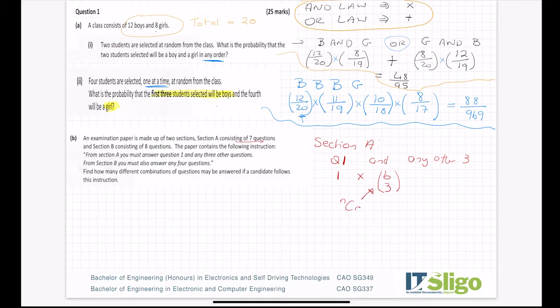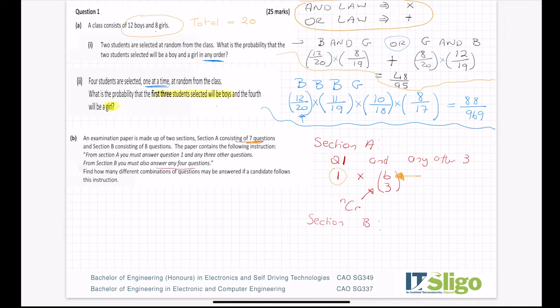Make sure you can find it. So why is this 6 here and not 7? Because there were 7 questions in section A, but it's 6 because the 7th question is here. You had no option but to answer that question, so you only have a choice from the remaining 6 questions, and you pick 3. So that's 6 choose 3.